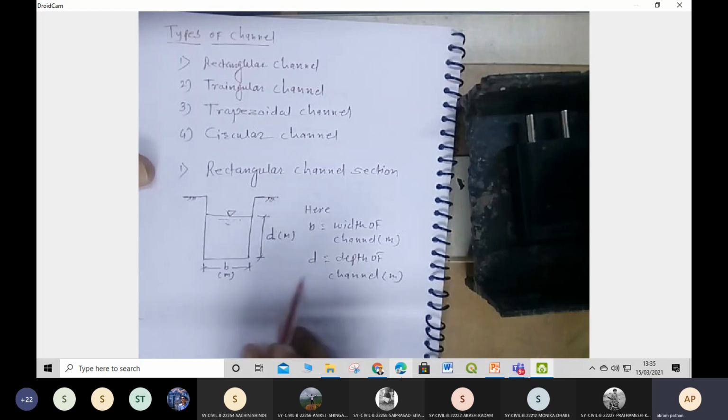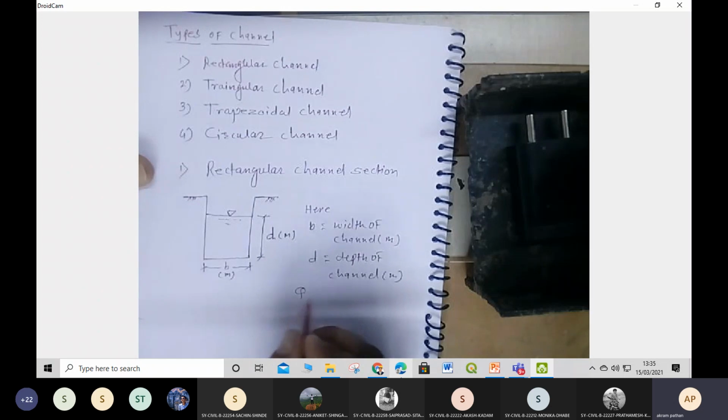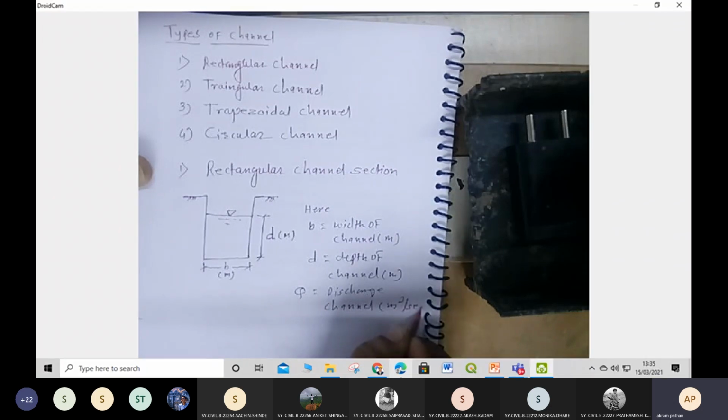In the first case of the rectangular channel, we have to find out Q. Q is the discharge flowing through the channel in meter cube per second.